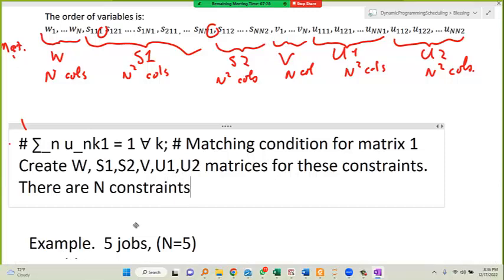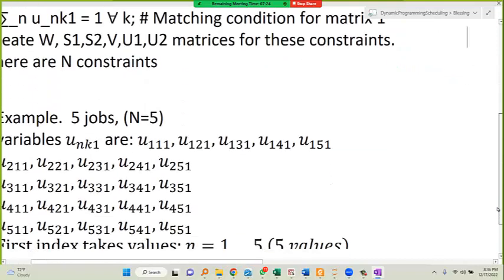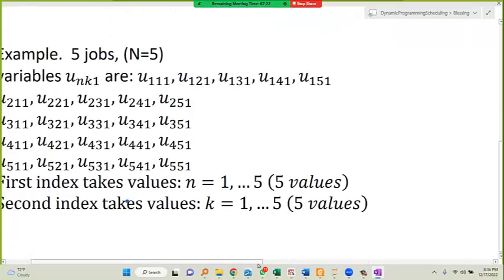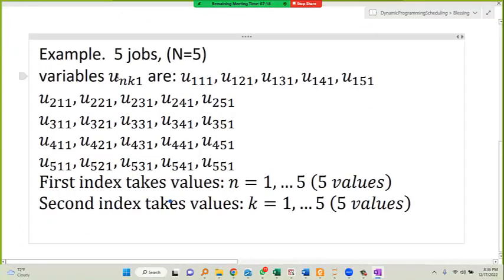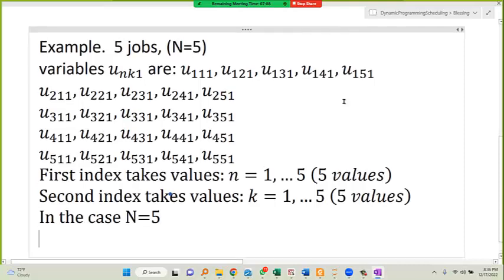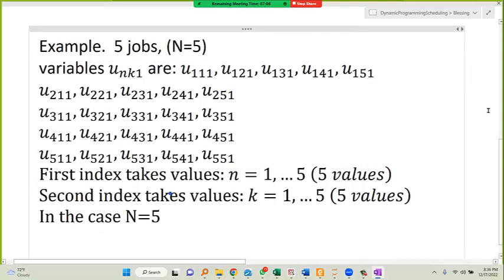All right, so let's look at the case where we still look at 5 jobs. We'll look at these constraints in the case of n equal 5. So let me copy this constraint again.